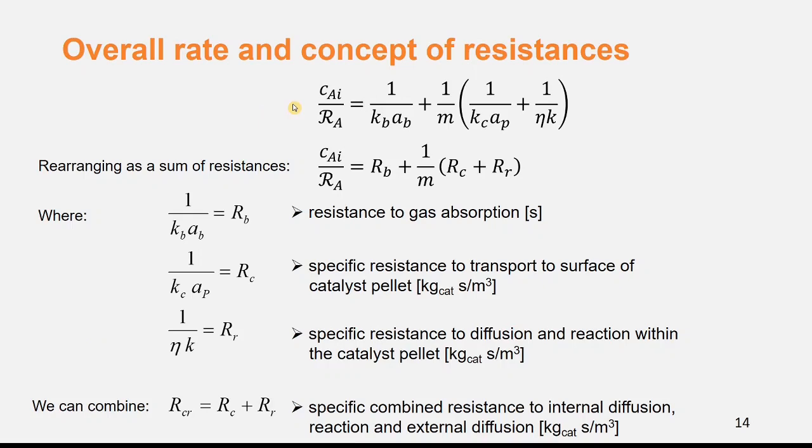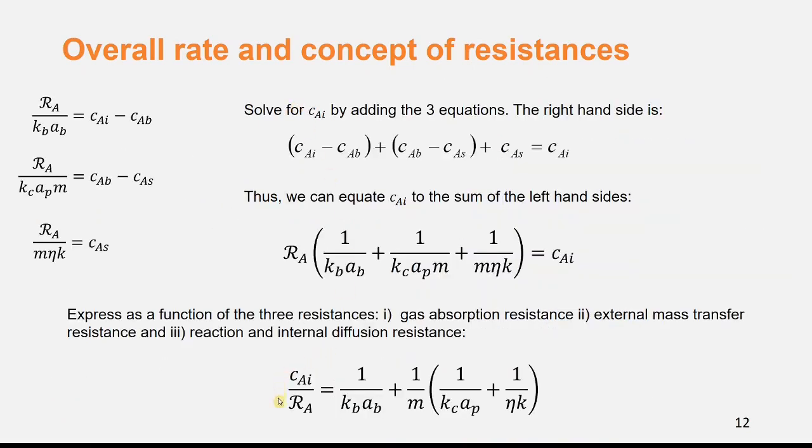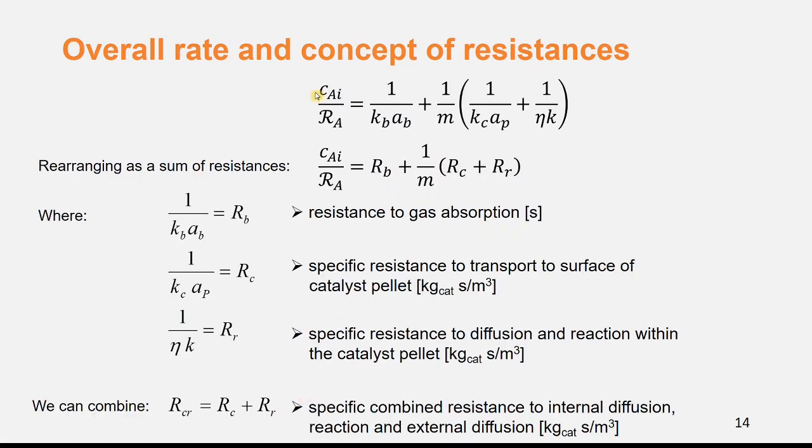Now, let's come back to that equation on the slide before last. This one here. I have the same one here. So this we can write in the form of CAI divided by the rate, capital RA, is equal to the resistance RB plus 1 over M times the sum of the resistances RC plus RR.